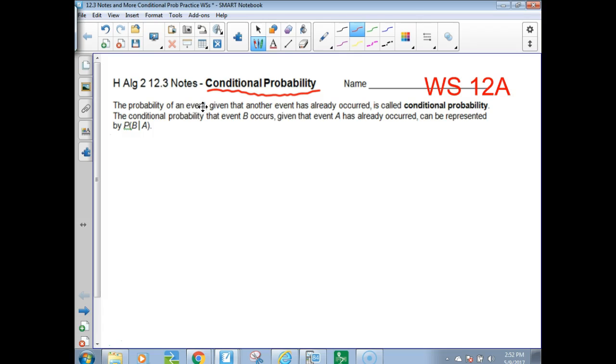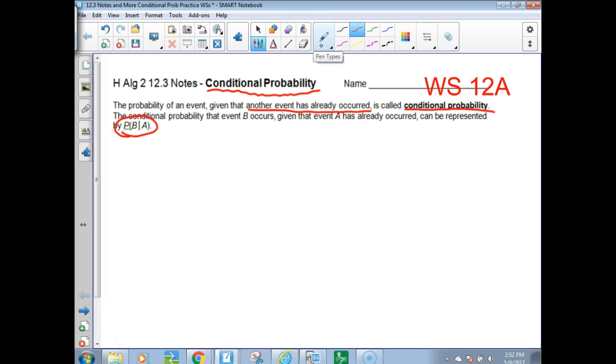Okay, the probability of an event, given that another event has occurred, okay, so something else has already happened, the probability of that first event happening given that something else has happened is called conditional probability. The conditional probability that event B occurs, given that event A has already occurred, can be represented by this notation. So that's all that is saying.